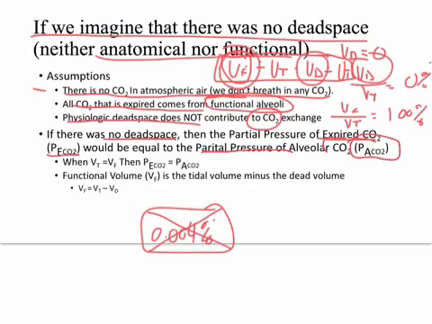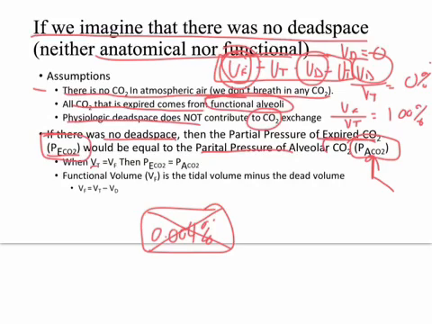So if there was no dead space, all of the space in our lungs would be alveolar. There would be no conducting, there would be no non-functional alveoli. All of the volume would be functional alveoli, and so all of the volume that exchanged CO2 would be the exact same volume that came out, and so the partial pressure of CO2 that we breathed out would be the exact same as the partial pressure at the alveoli.